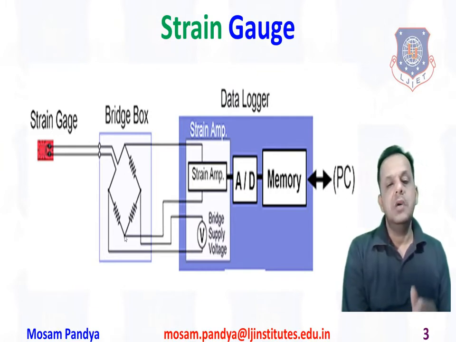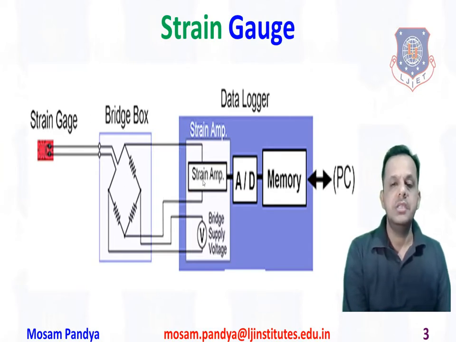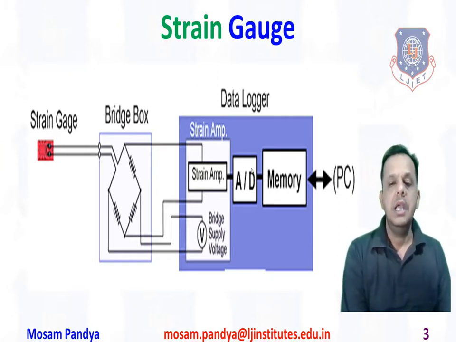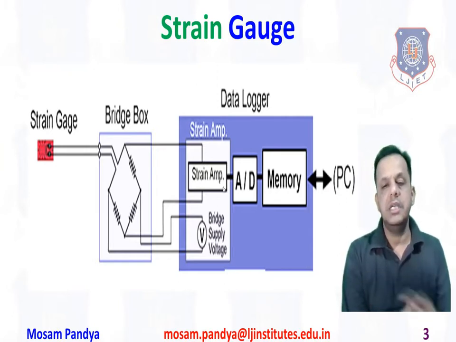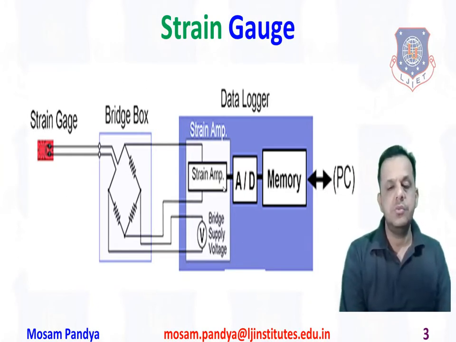It means when strain gauge is connected, when there is no stress applied, no strain measurement is there, the reading is zero, and hence it is a preloaded balance condition. As and when the load is applied, that will unbalance the bridge, and that output will be sensed by the bridge, and then amplification and analog to digital converter and memory. So this is the entire ideal system where strain gauge is to be used.